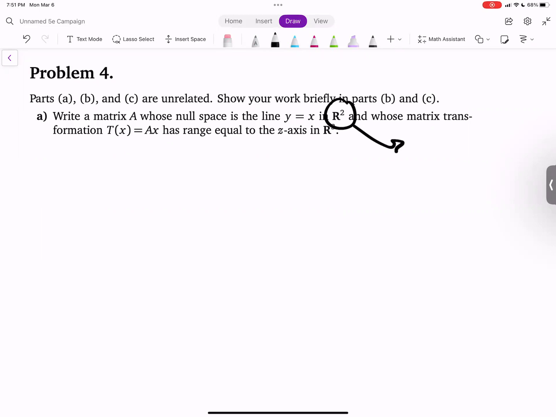Columns for null space, y'all. So the number of columns is 2. Likewise, where does my range, which is my column space, live? R to the number of rows. There we go. So this tells me my matrix is going to have 3 rows.